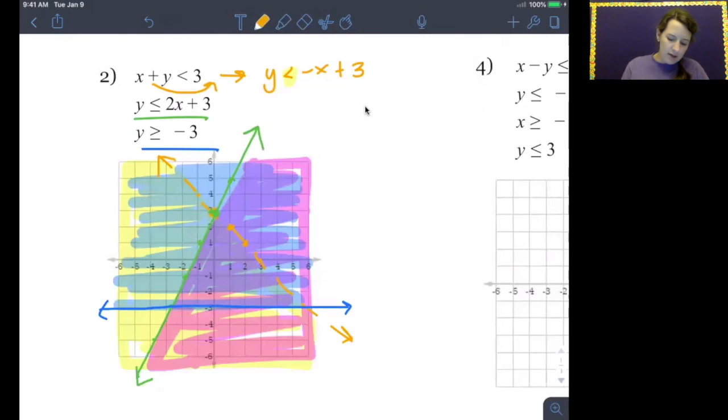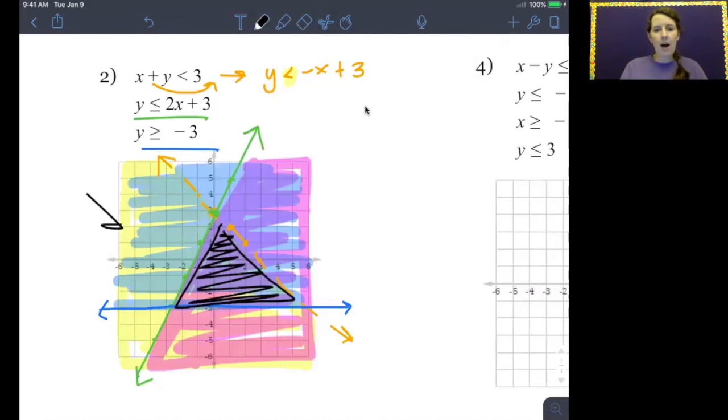Let me get a color I didn't use. It's only going to be this portion in here where all three of my highlighters overlapped. Okay, you can see over here on the left, I've got blue and yellow. Over here, I've got pink and blue, and down at the bottom, I've got pink and yellow. Those are not solution sets. Only that very center where all three colors overlap will we have ordered pairs that work for all three of those inequalities.